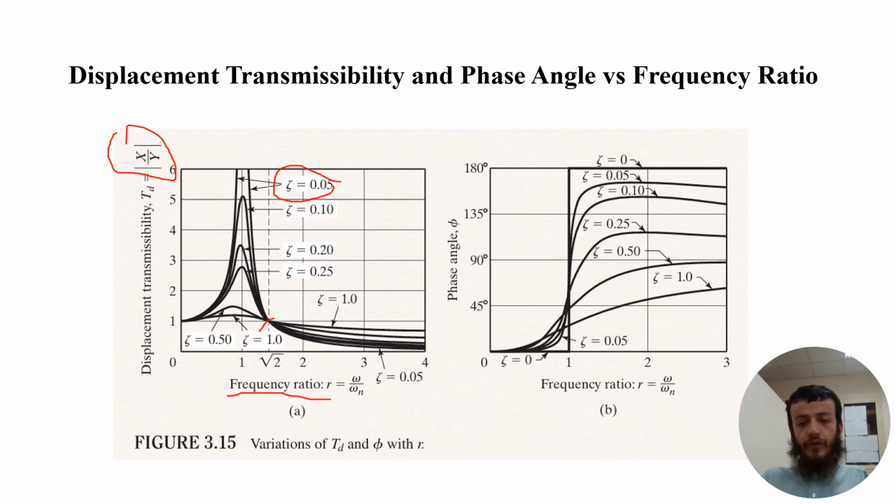For example, if we have frequency ratio 1 and a damping ratio of half, we will have a phase angle of almost 45, as before. When the damping ratio is zero and the frequency ratio is equal to 1, it will be resonance. The phase angle will be 0 or 180 like this.